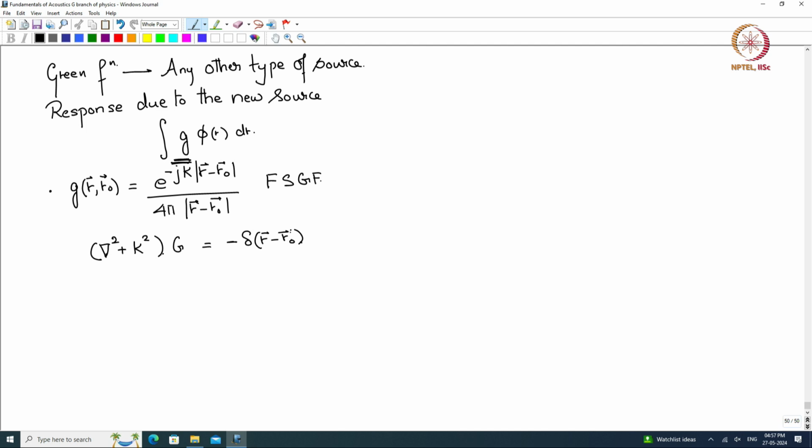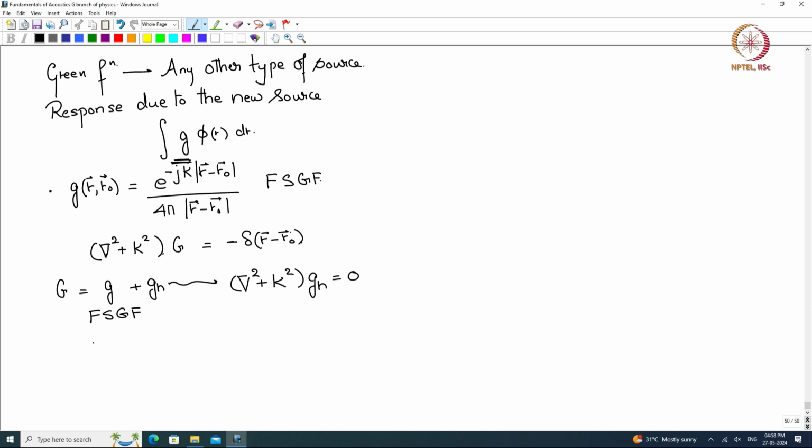Now, how is that possible? We discussed it last time. Suppose I have a new Green function which happens to be the free space Green function plus some other function g_h, and this other function is such that del square plus k square of g_h equal to 0.